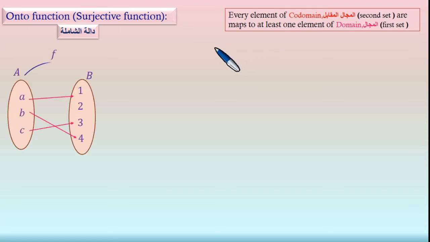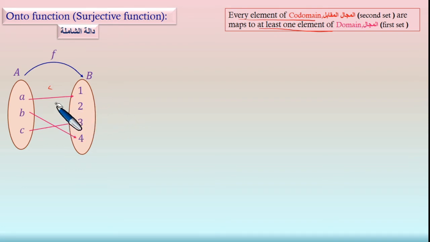Here the function f which maps from A to B. Here it says that every element of codomain must map with at least one element of domain. Here A has a pre-image, 3 has pre-image, 4 has pre-image, but 2 has no pre-image, right?